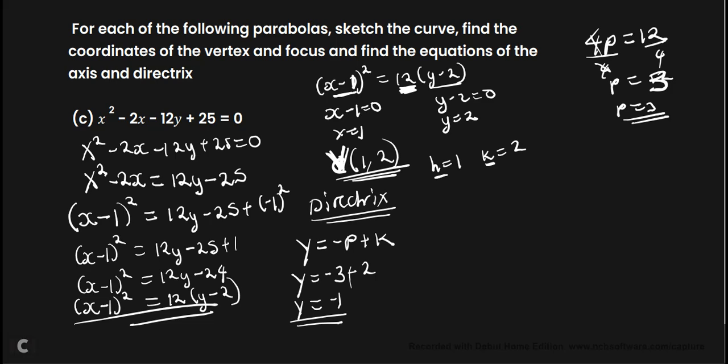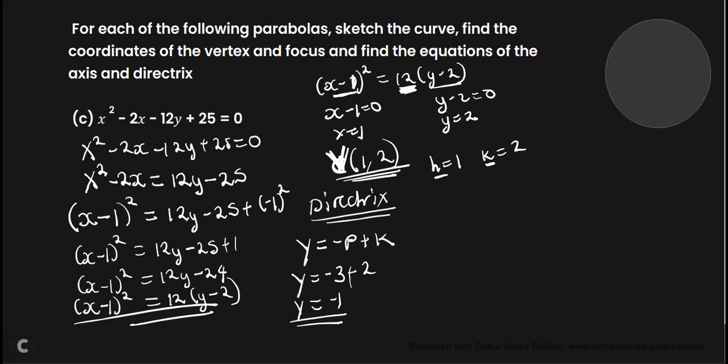Then the next thing that you do here is to find your focus. Remember, since there was a shift in the x-axis by 1 and in the y-axis by 2, and this is moving in the y-axis, it will be (h, k + p).